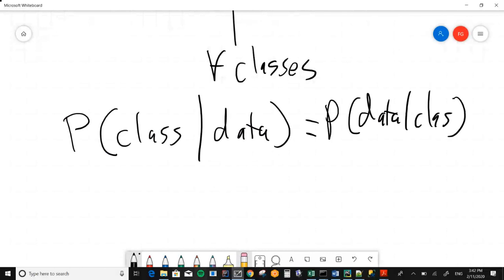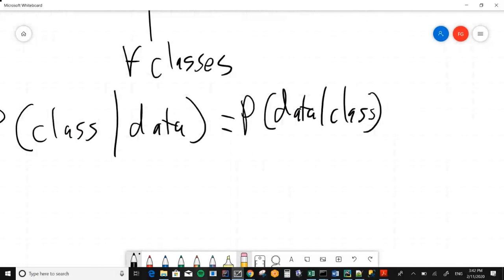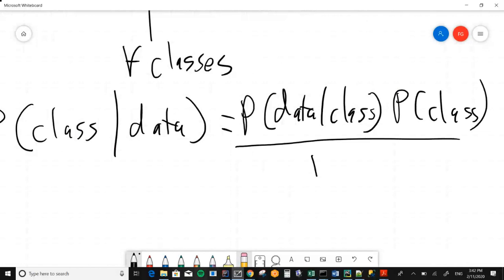So the probability of being in a particular class given the data is equal to the probability of the data given the class multiplied by the probability of that class divided by probability of the data. Now, this is a rule in probability for finding conditional probabilities if you've got it going in the other direction.